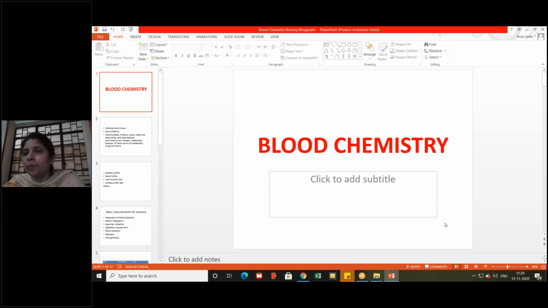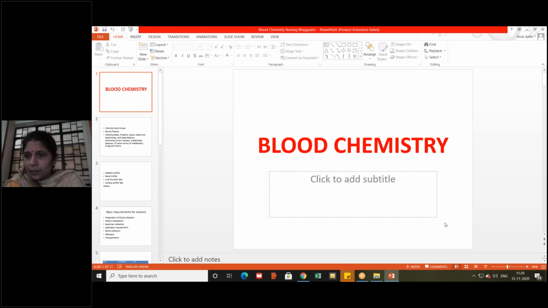This is a very brief overview. Each disease will be dealt with in some detail in subsequent classes. This is just to show you how our blood chemistry can be altered in various diseases.